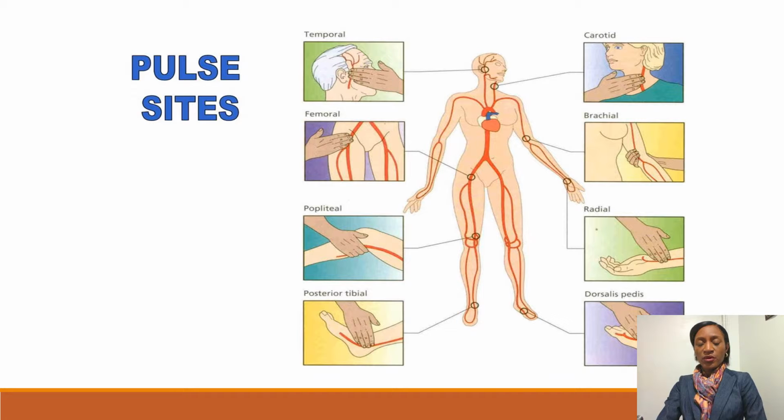It's close to your elbow joint. Okay, and the popliteal is behind your knees. Radial is on your wrist, and it's on the thumb side of your wrist. The posterior tibial is on the side of your feet, and the dorsalis pedis is on top of your foot. Now, these are the different pulse sites.